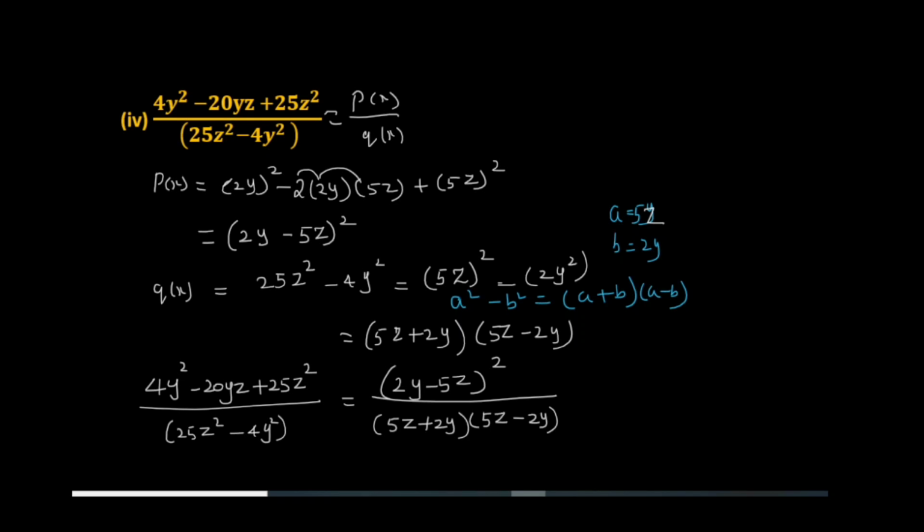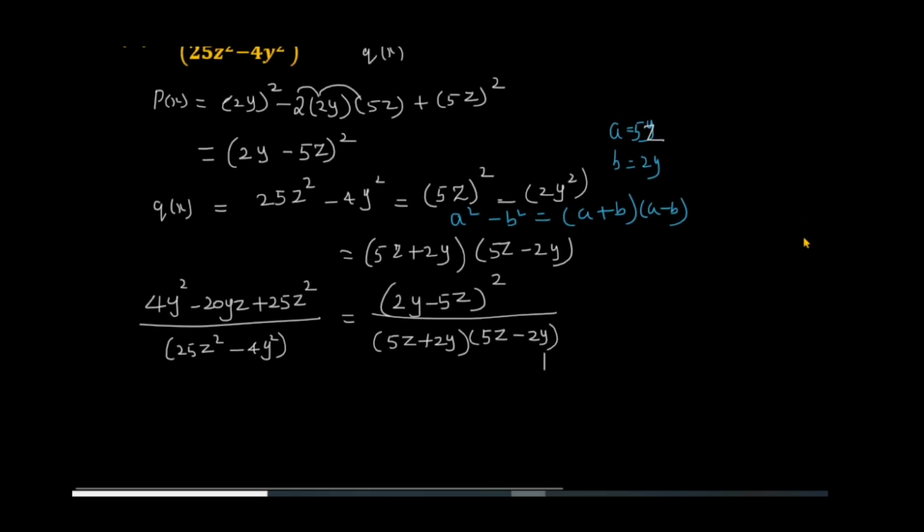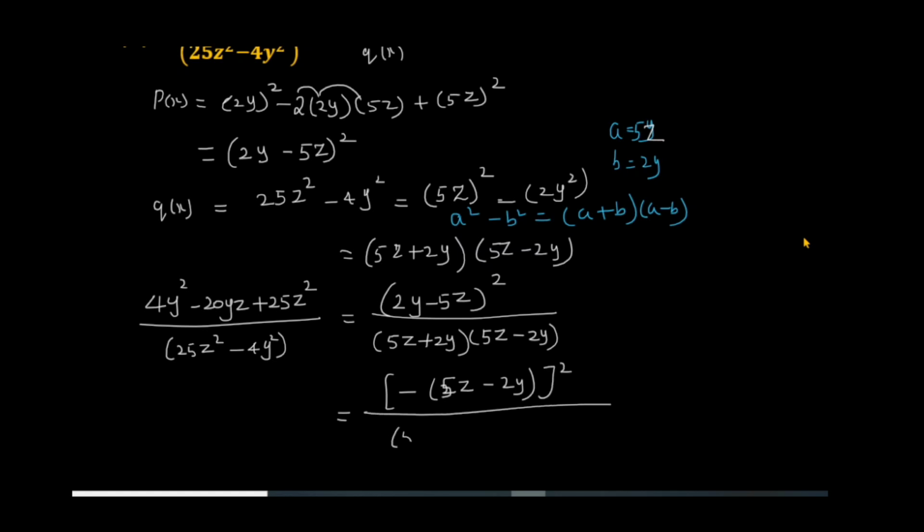These are the two factors. Once again, in the numerator, we take the negative sign outside, that is minus of 5z minus 2y the whole squared. Then in the denominator, 5z plus 2y into 5z minus 2y.